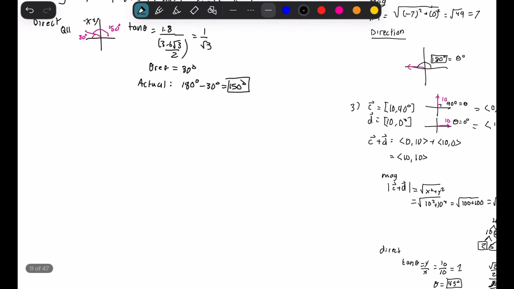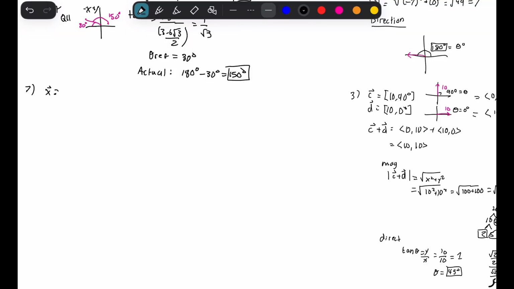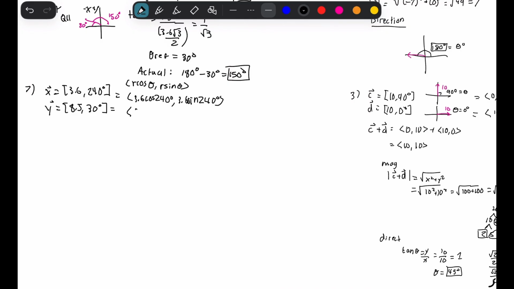Now, so we have 3.6 at 240 degrees, and we have 8.5 at 30 degrees. 240 degrees has a reference from here.